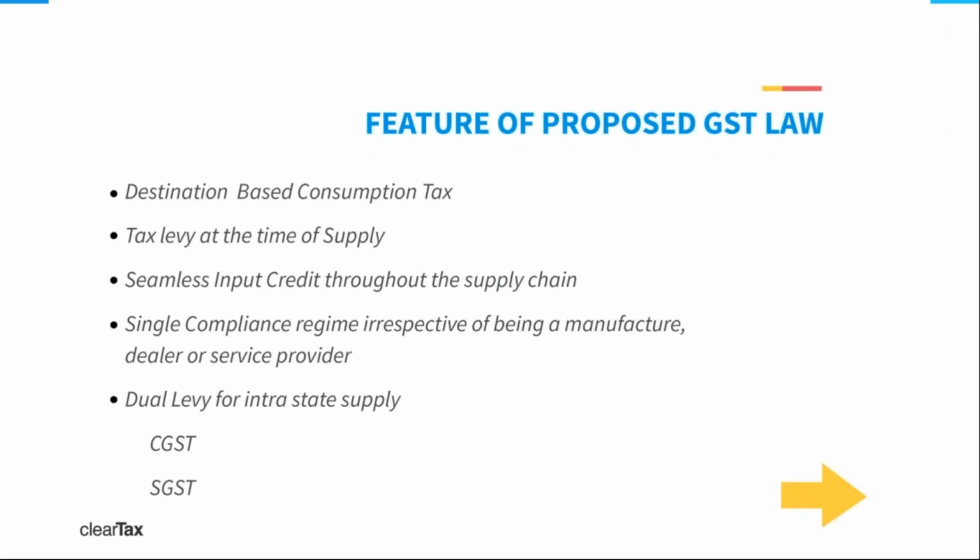I'll give you an example to make it clearer. Let's say there's a transaction between Tamil Nadu and Maharashtra. The dealer from Tamil Nadu sells his goods to a person in Maharashtra. In the current regime, central sales tax will be collected by the state government of Tamil Nadu, because the goods have originated from Tamil Nadu.